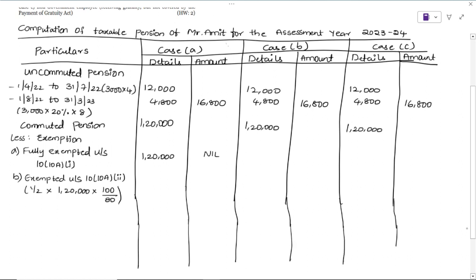So 1,20,000 represents 80%. 100% how much? It will be 1,50,000. So 1,50,000 into 1/2 is 75,000. That we have to write in case B details. Write down 75,000.